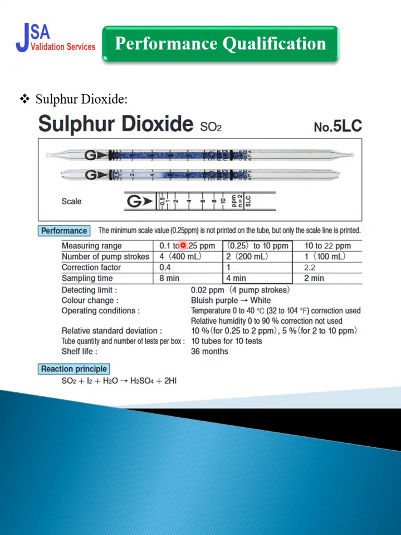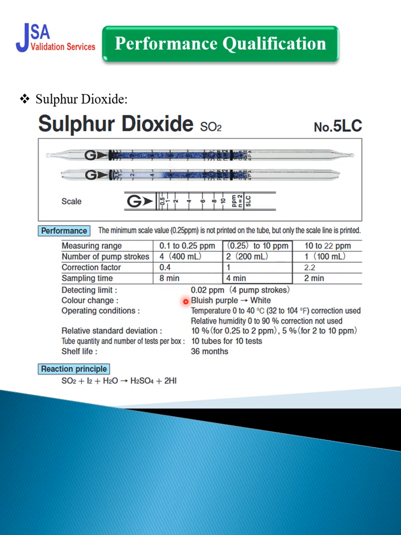For sulfur dioxide, we are using the 5LC Gastec tube, and the range is 0.02 ppm to 5 ppm, or up to 10 ppm. Depending upon our protocol range, we can use a detector tube of suitable range.